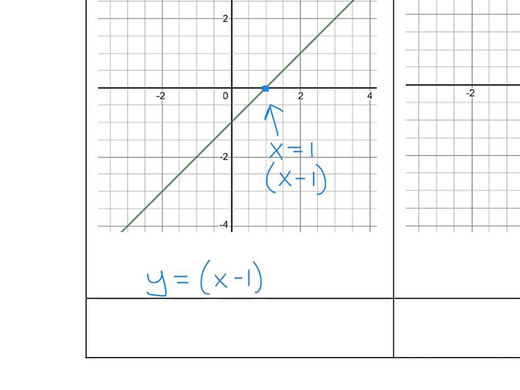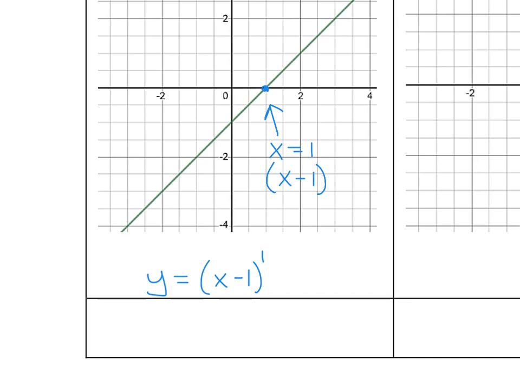We can see that we're passing straight through that x-intercept or that 0, so that's a multiplicity of 1. And indeed, if we connect that to our previous knowledge of y equals mx plus b, you can see that our slope is 1 and our y-intercept is negative 1 here. It's just another way to think of this as a factor.